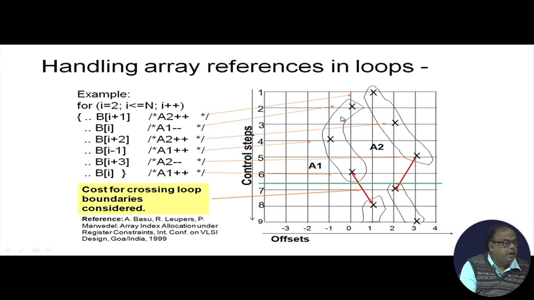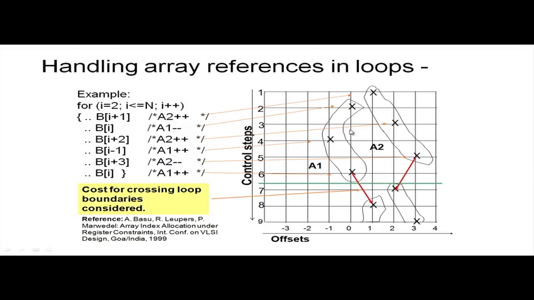Here what has been tried is how we can utilize the minimum number of address registers, not one but more than one, minimizing both the number of address registers and the number of loads. You can see that we can use two address registers A1 and A2.